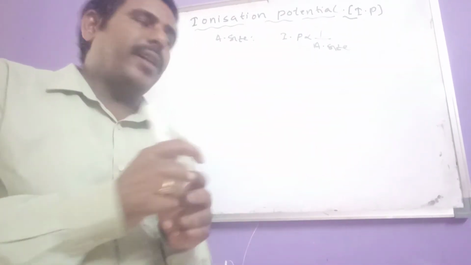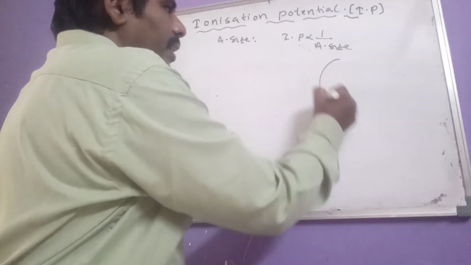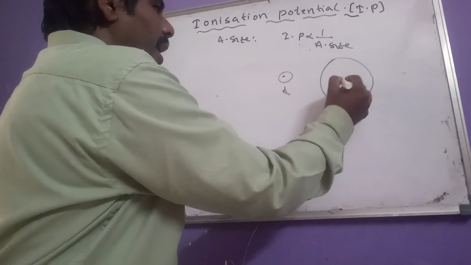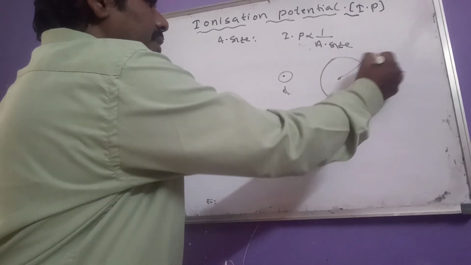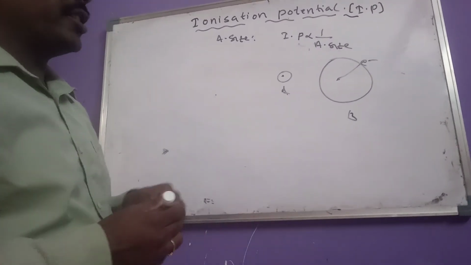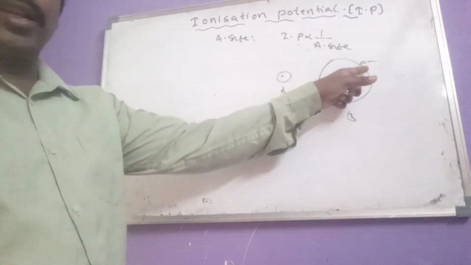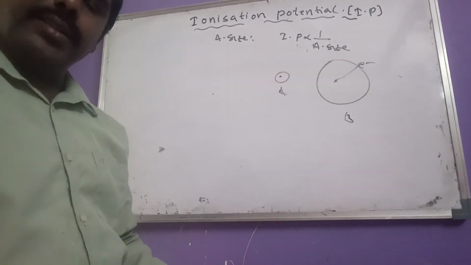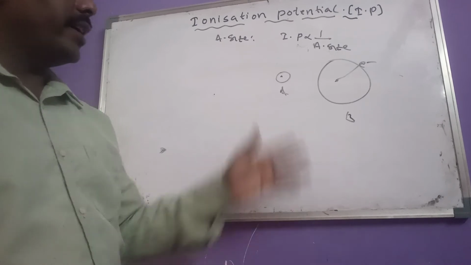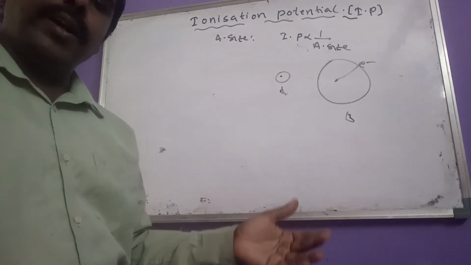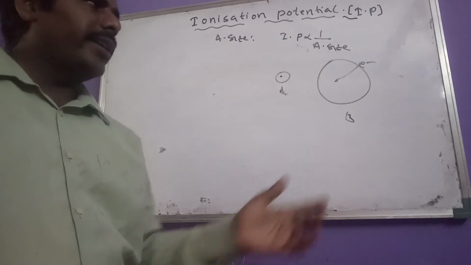Why? Because as atomic size increases, compare here A and B, the electron gets much farther away from the nucleus. That means nuclear attraction on the outer electron decreases. So we can easily remove that electron, by providing a smaller amount of heat energy.